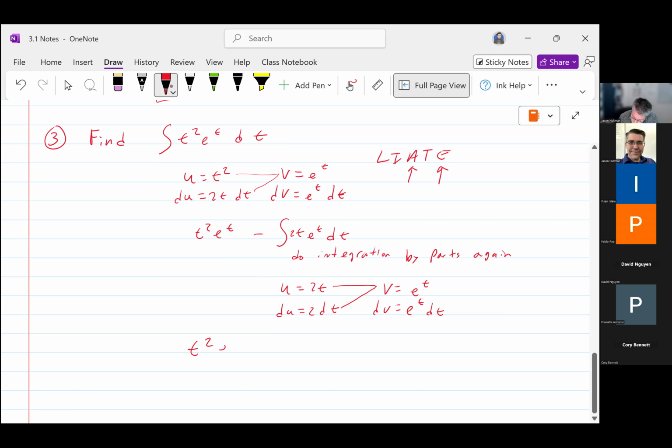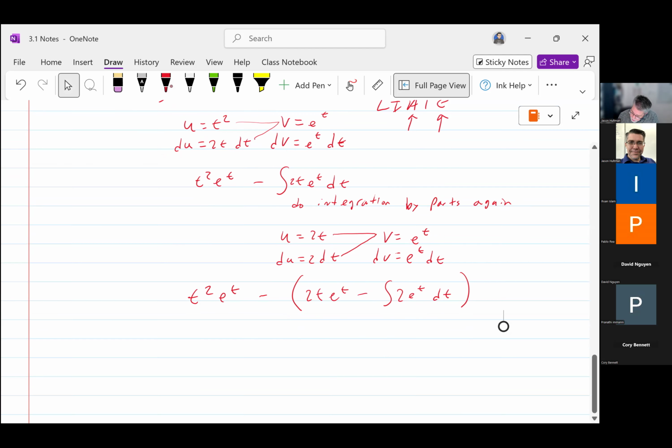So this is t squared e to the t minus, uv, that's 2t e to the t, minus the integral of v du, which is 2e to the t dt. And again, I'm going to put that in parentheses so I don't mess up on any signs, because I am going to have to distribute those signs in a second.